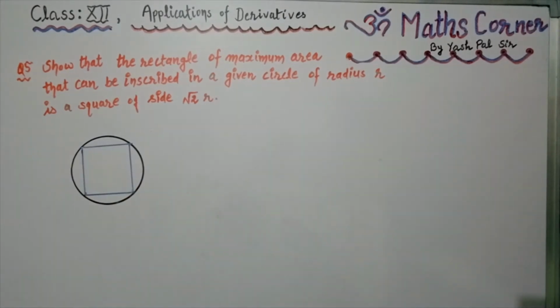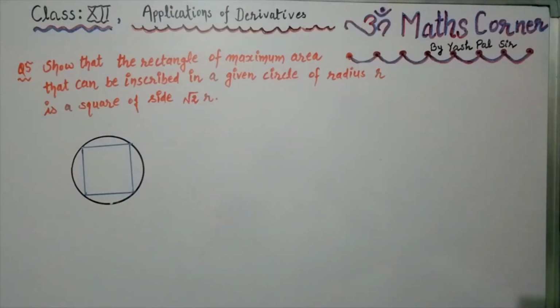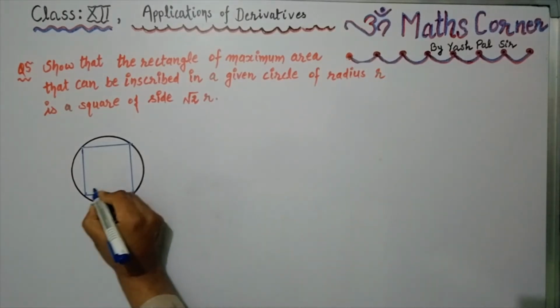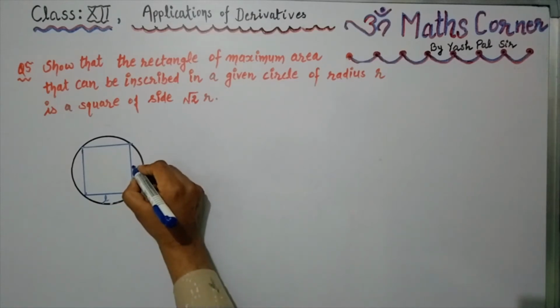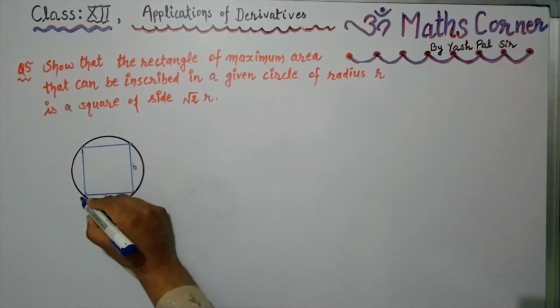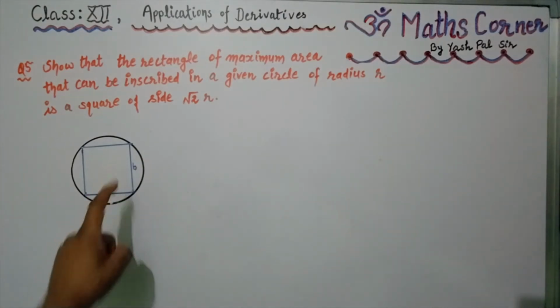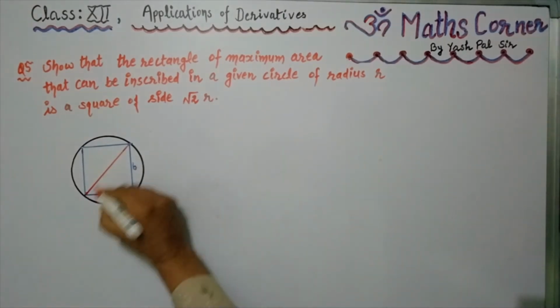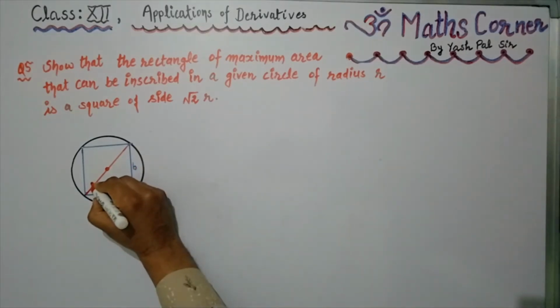First of all, the circle is given. The radius of the circle is r. First of all, we consider that a rectangle is inscribed in the circle, and the length of the rectangle is L, and breadth is B. Now joining these 2 points, we get the diagonal of the rectangle which passes through the center of the circle.